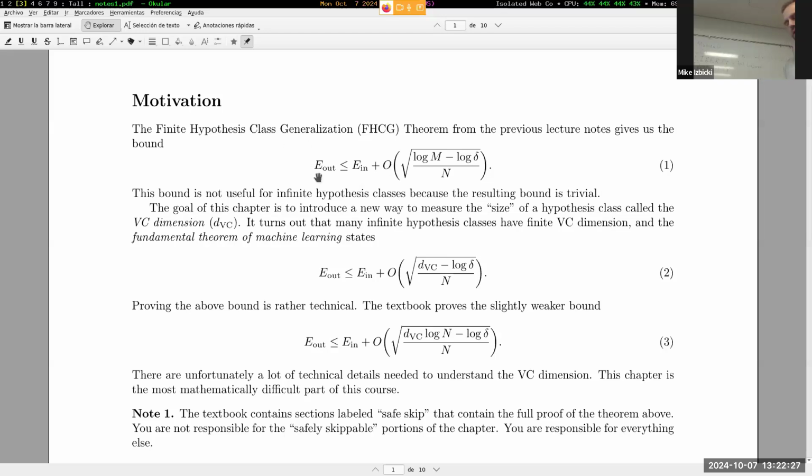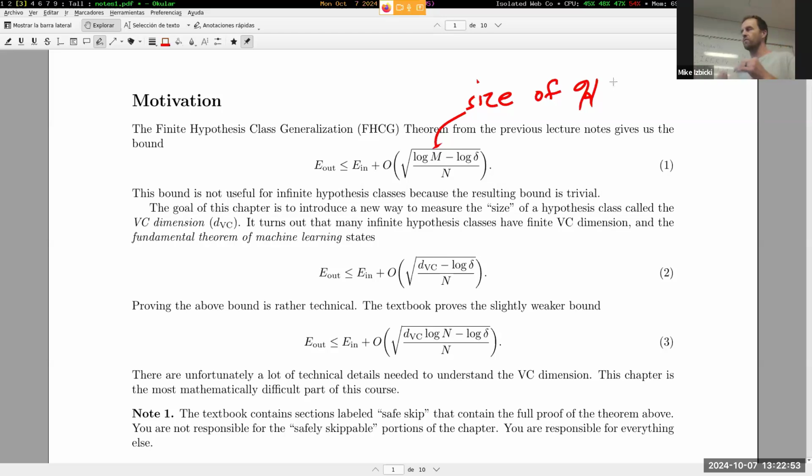on our out-of-sample error. Between chapter 1 and chapter 2, we talk about this bound right here, where again, M is the size of our hypothesis class. This M value right here is the size of the hypothesis class, size of H. I've written down all these things before.